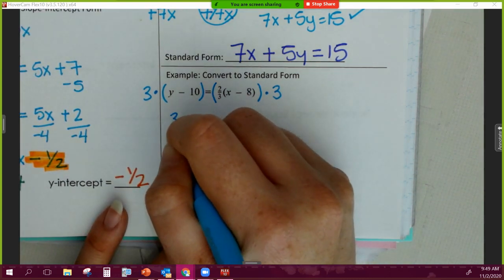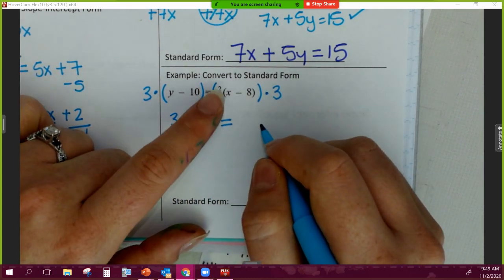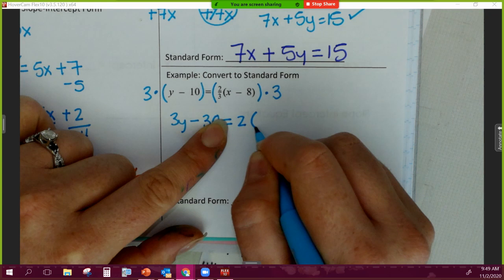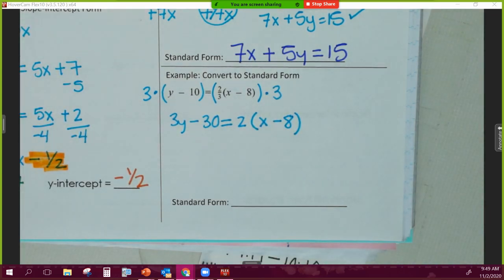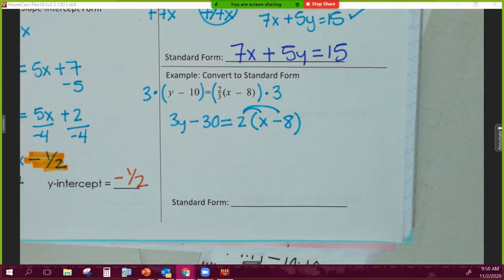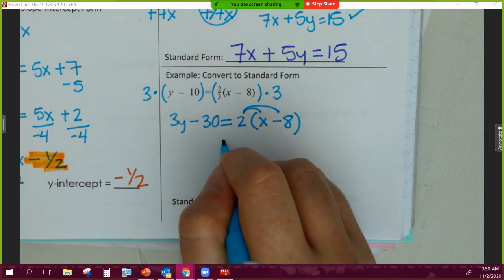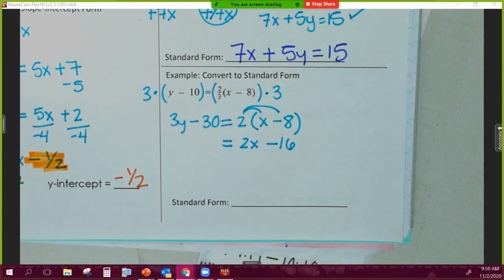So this becomes 3y minus 30 is equal to 2/3 times 3 just becomes 2, and then in parentheses, you have x minus 8. Then you're going to distribute that 2, so that'll become 2x minus 16.